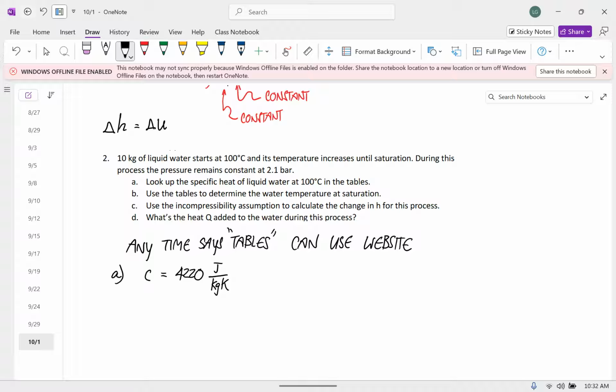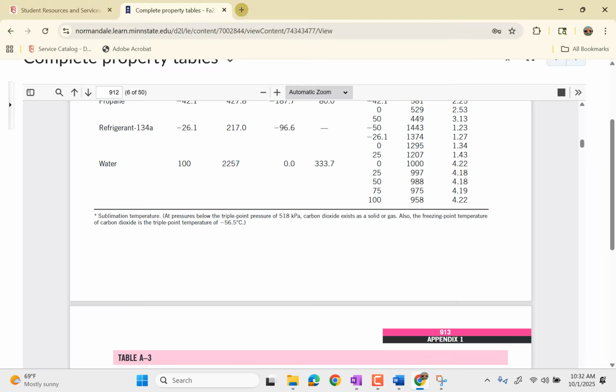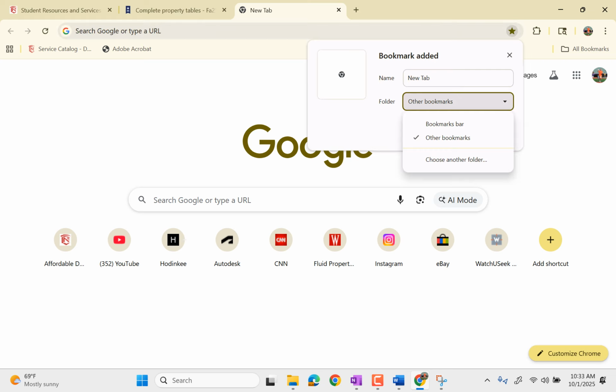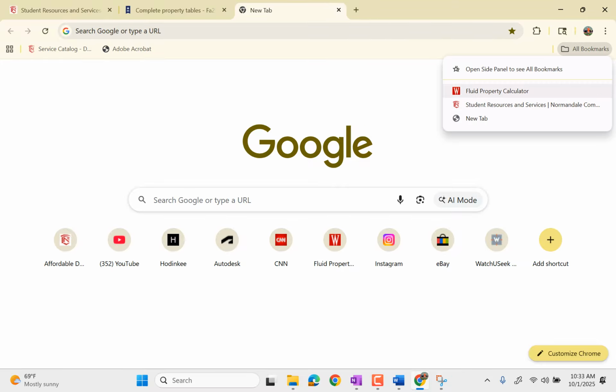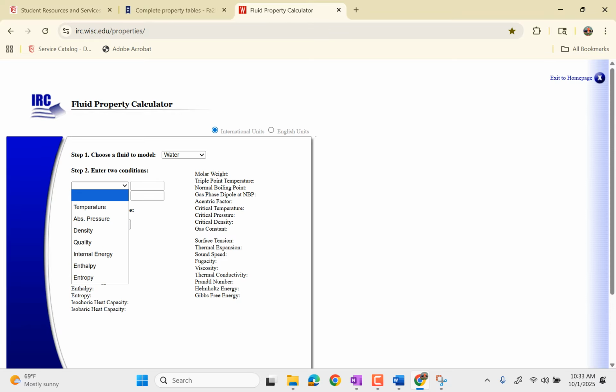Now we need to figure out the water temperature at saturation. So here's where I'm going to use the website. We want water and international units.